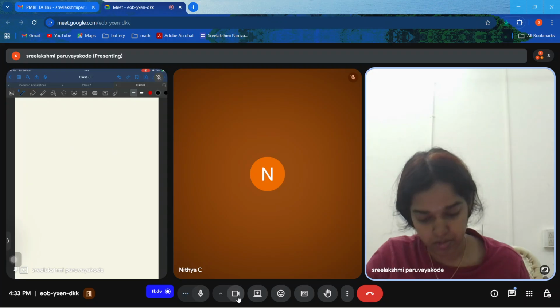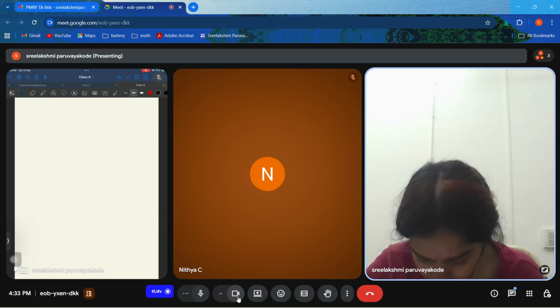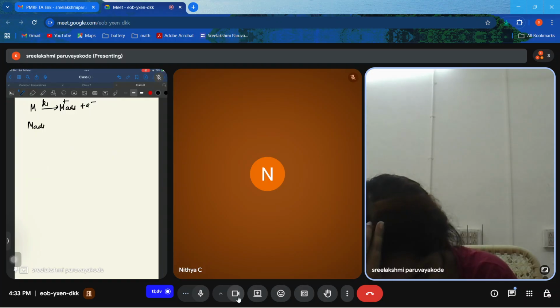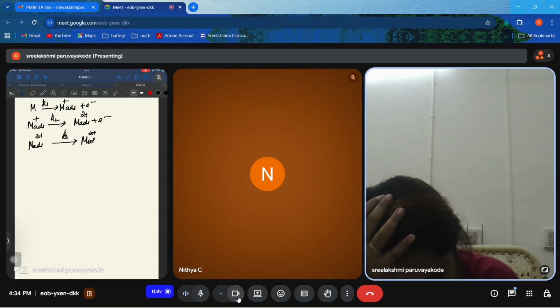Now the question is, in the above mechanism, let me write down the mechanism. M gives M adsorb plus electron, with K1. M adsorb plus gives M adsorb 2 plus electron, with K2. M adsorb 2 plus gives M solution 2 plus, with K3. This is question 10.